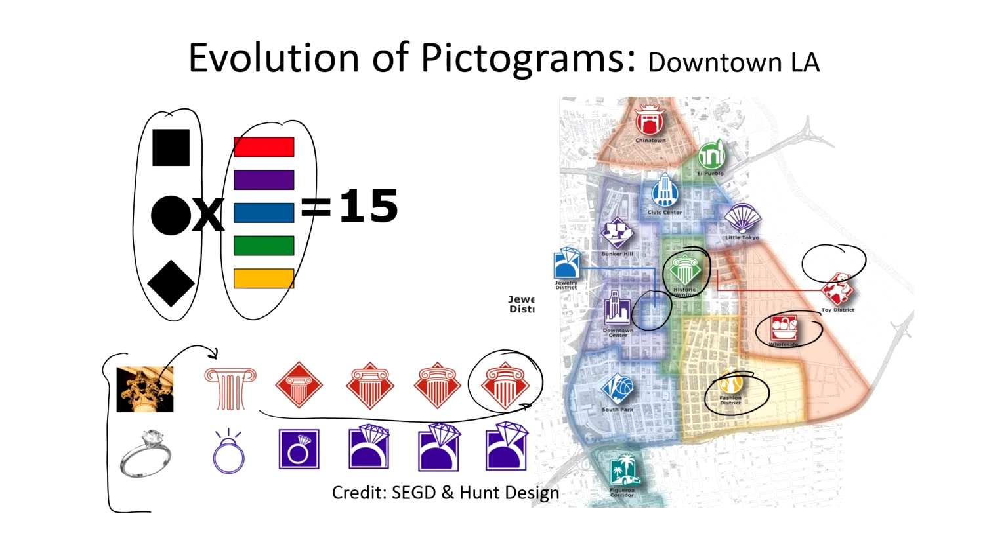Now, let us take another example, which is the Jewellery District. Since a ring represents jewellery, they have chosen the ring and developed the illustration options and lastly finalized this.